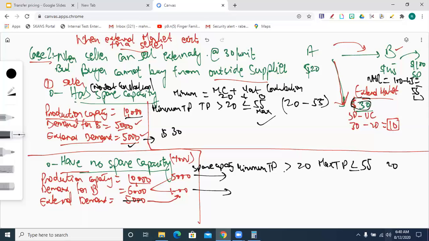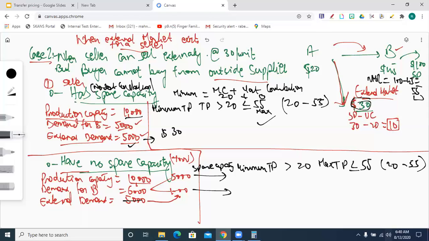For this 5,000, the transfer price would be in this range of 20 to 55, so as to share the benefit between both, and to ensure divisional autonomy, managers' motivation, and goal congruence. That would be the best transfer price for this 5,000 where there's spare capacity.